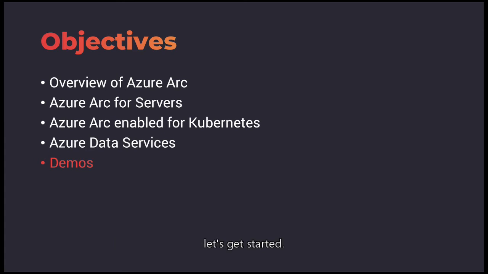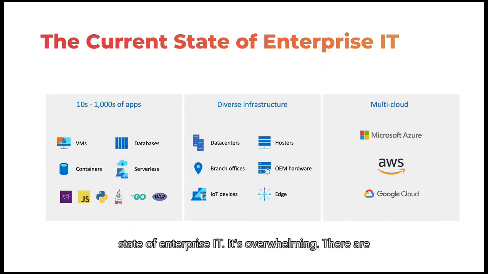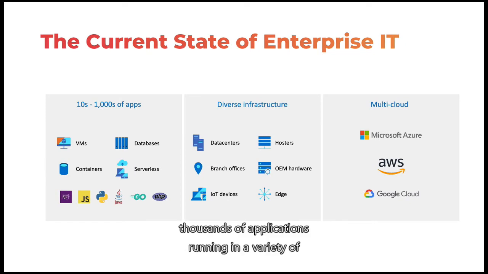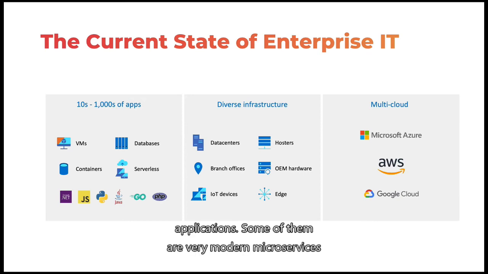So let's get started. When we look at the current state of enterprise IT, it's overwhelming. There are thousands of applications running in a variety of environments. They run on virtual machines, they run on Kubernetes clusters, they are written in a variety of languages, some of them are legacy monolithic applications, some of them are very modern microservices-based applications.